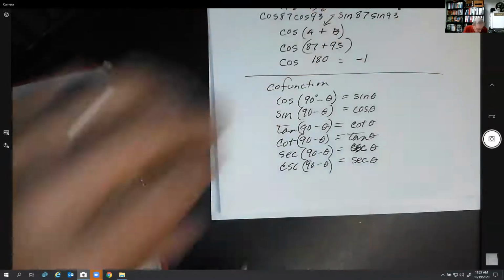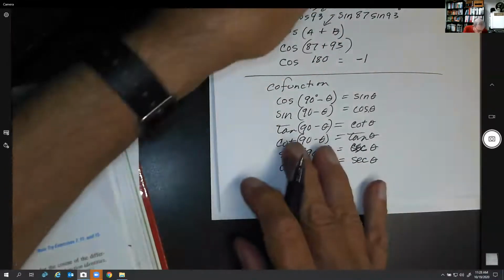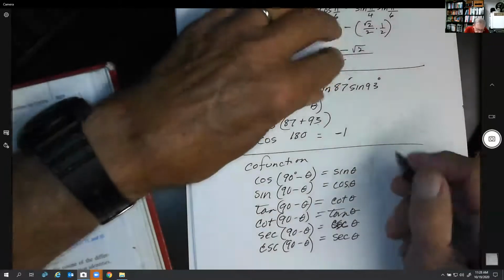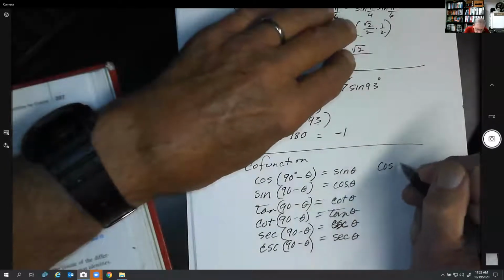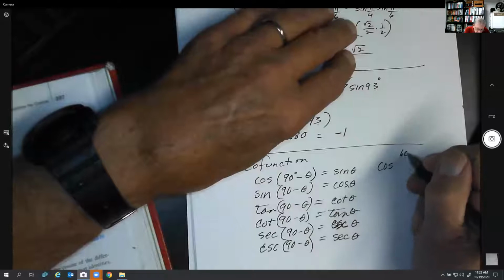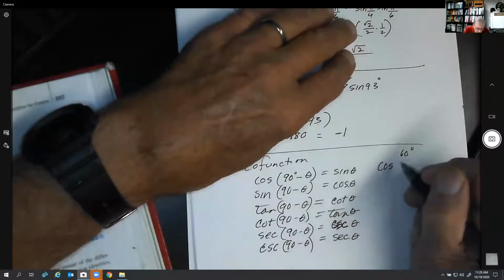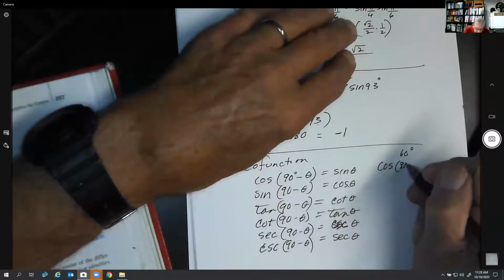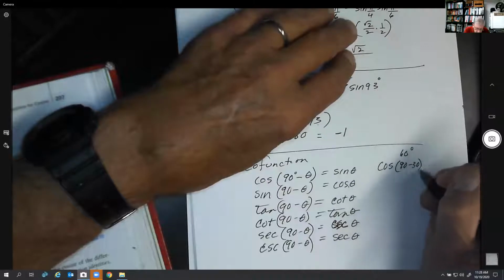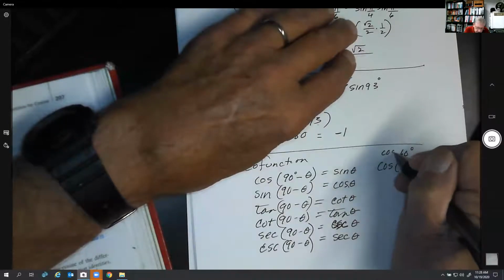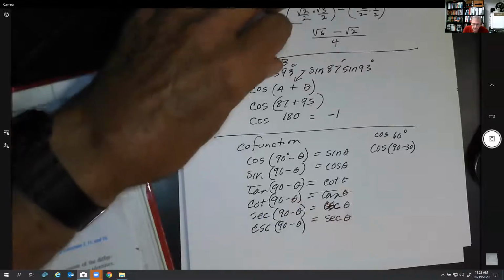So let's try one here and see what it's really saying. It's really saying that if you have the cosine of 60 degrees, you could write that as 90 minus 30. So the cosine of 60 is the cosine of 90 minus 30, right?